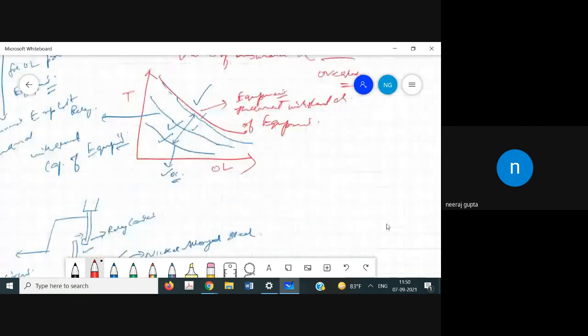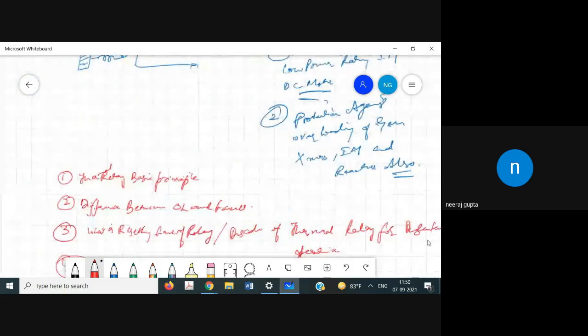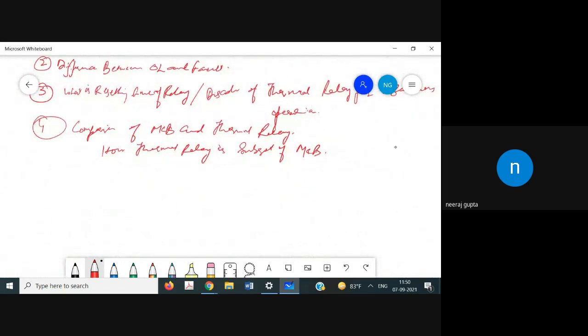Now we have discussed the characteristics that designing of the relay based on time overload characteristics.